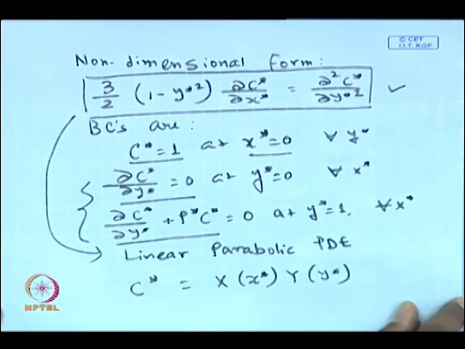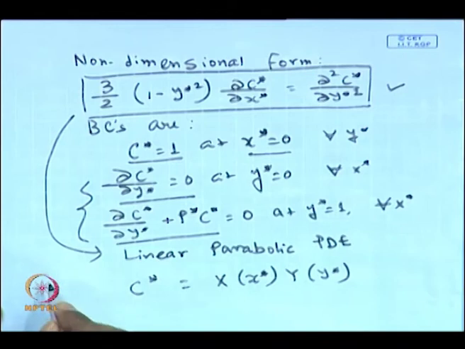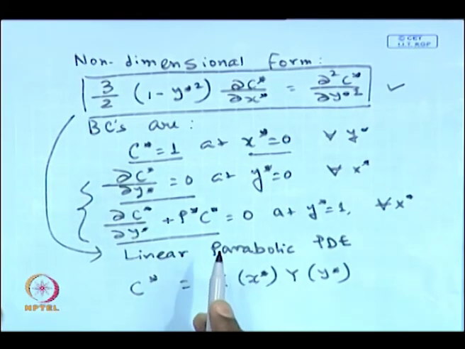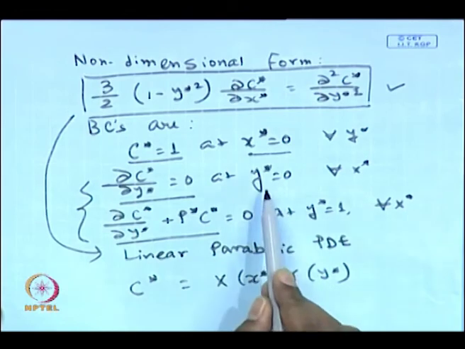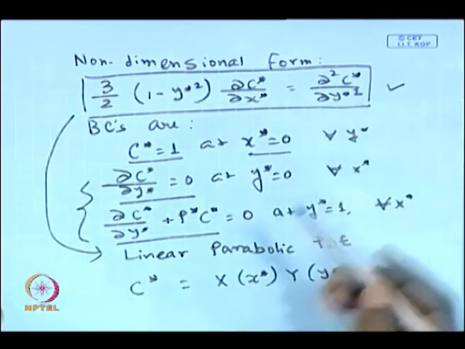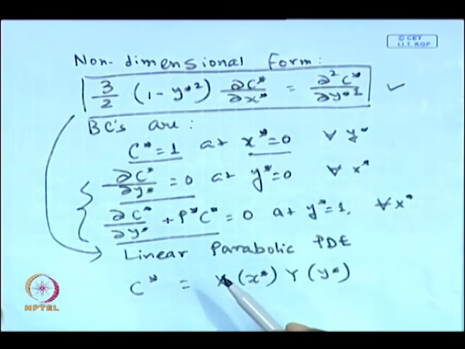If you put that in the governing equation, this is called the separation of variable technique. The idea is that your governing equation must be linear, and the boundary conditions in the y direction, where it will be order 2, must be homogeneous.